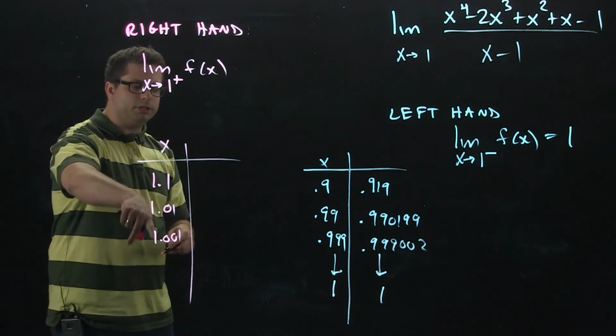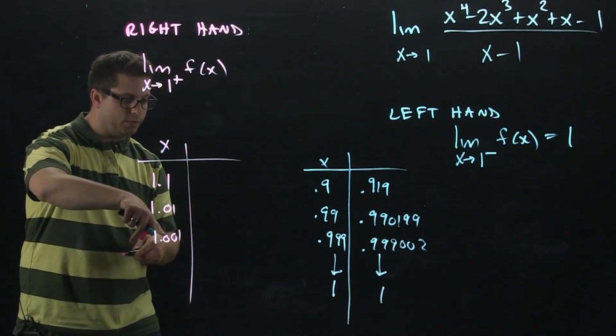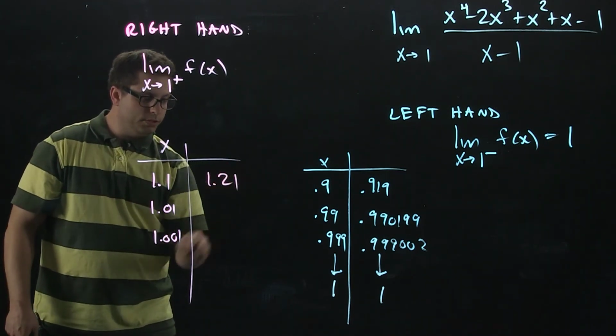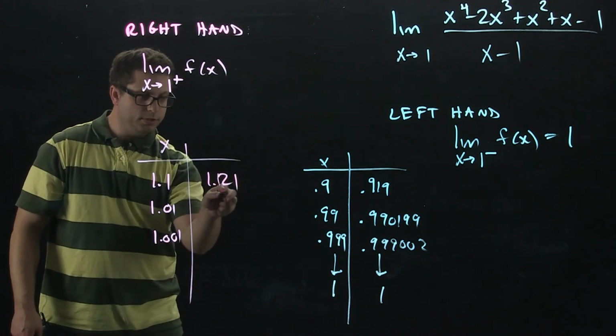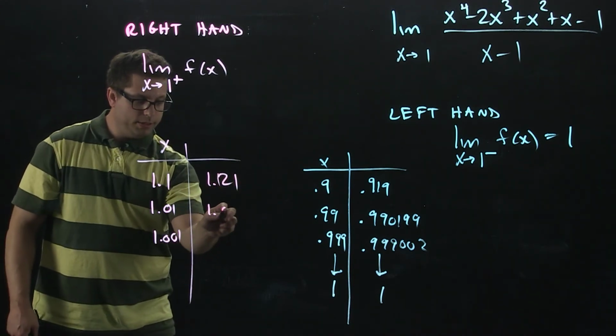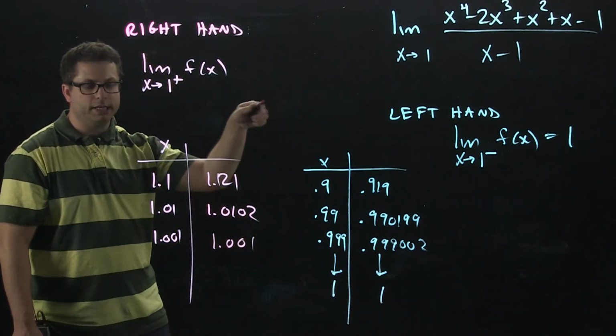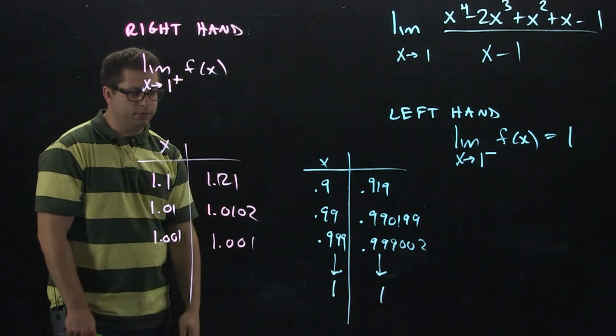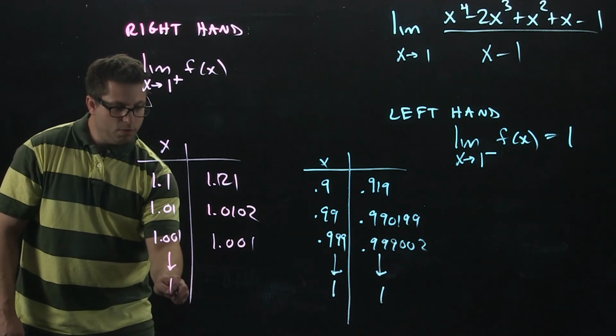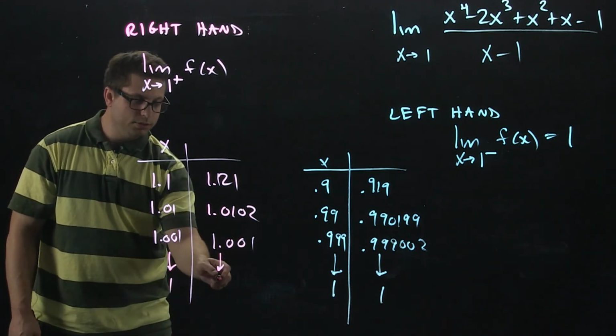These are all approaching 1, slightly on the right-hand side of 1. That gives me 1.21, 1.0201, 1.002. Rounding and what I'm showing you on the calculator could be different. Anyway, as x approaches 1, this is also approaching 1.